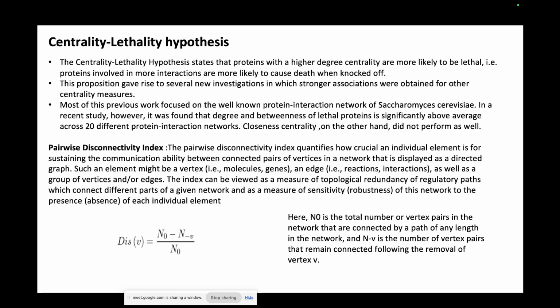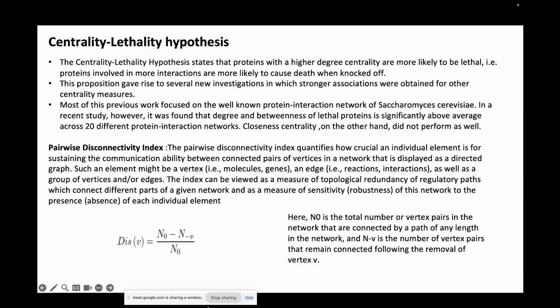But in this case, this pairwise disconnectivity index can be a measure of the vertices as well as the edges. So nodes and edges we are both considering for this particular index, and it can be a group of nodes and edges as well. And it gives you how robust that particular network is and how important is the presence of that particular element to the network to sustain itself.